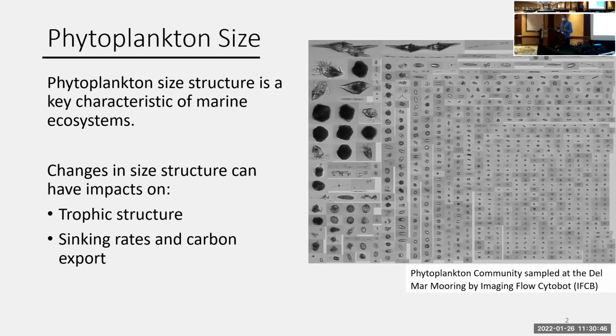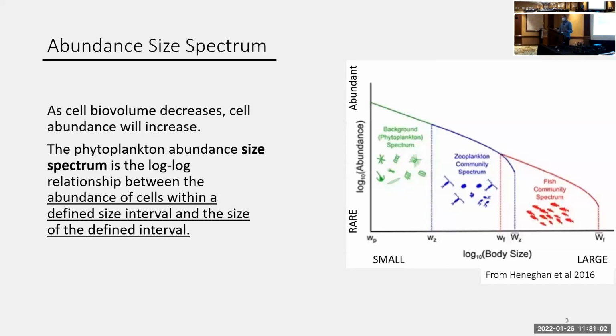Larger cells will more readily sink out of the surface ocean, sinking at much faster rates than smaller cells. A large diatom can sink on the order of meters a day, where small Prochlorococcus cells will sink on the order of millimeters. So it's important to study the size characteristics of ecosystems because this can have effects on both the environment and the sequestration of carbon.